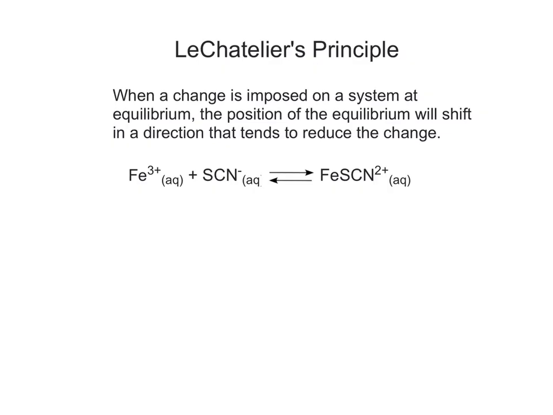This had the effect of shifting the position of the equilibrium to favor the product side, thereby reducing the concentration of the reactants. In the third case, the concentration of the iron ion was reduced. This shifted the equilibrium position to favor the reactants, so that the concentration of the iron was increased somewhat.